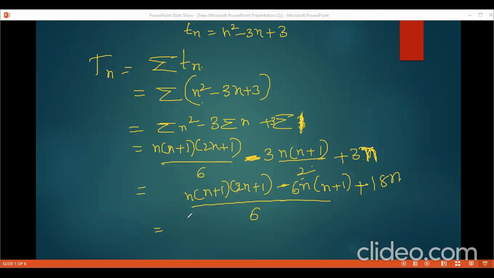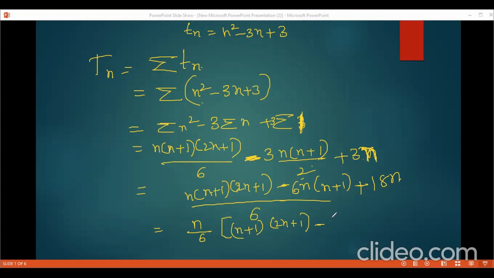So n by 6 I can take common, and what is left? (n plus 1) into (2n plus 1) is left in the first term.